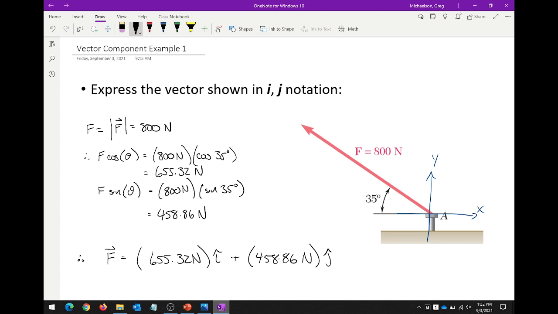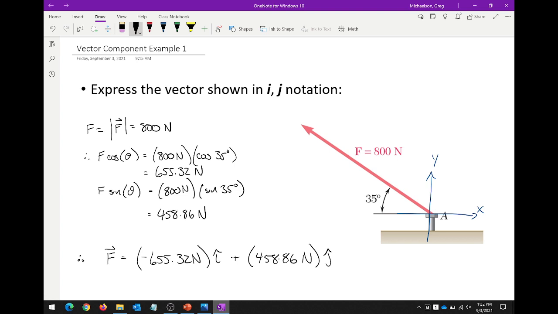Negative. Exactly. What needs to be negative? The F cosine theta, this one right here, right? It needs to be negative because this is the component along the x-axis. Remember, the I vector points that way, but the vector is in quadrant 2, the negative x direction.